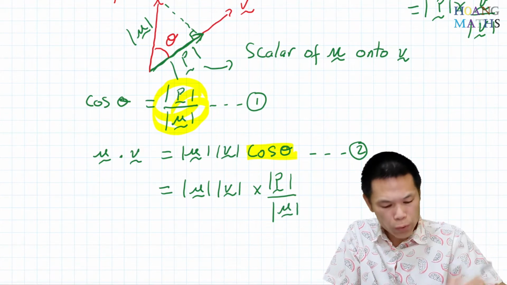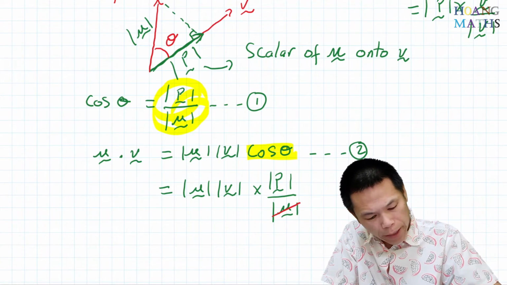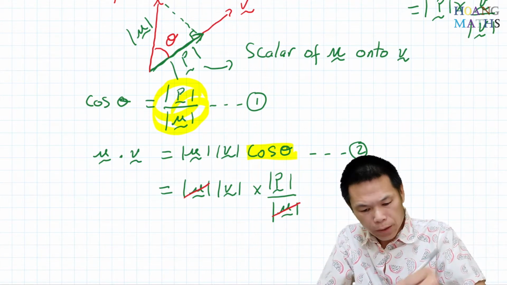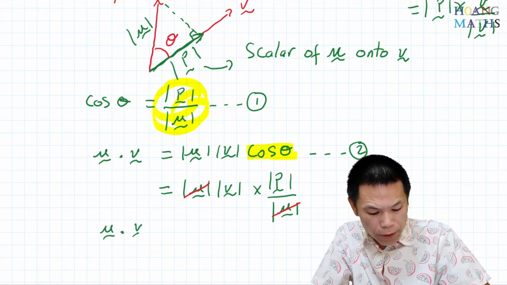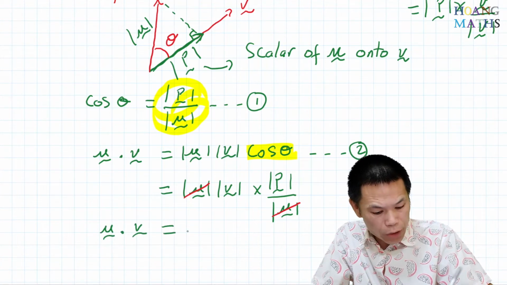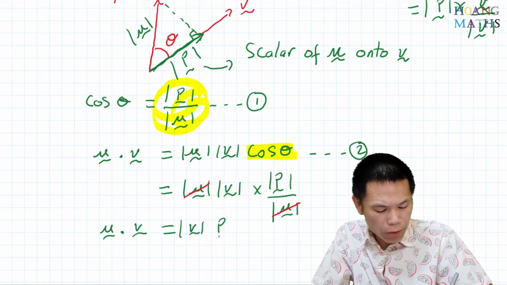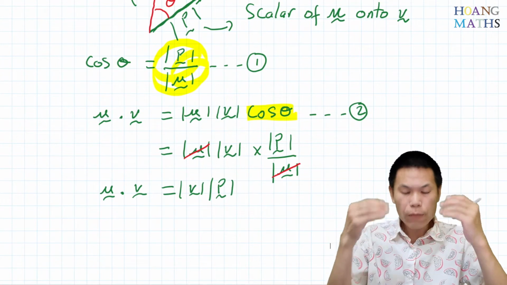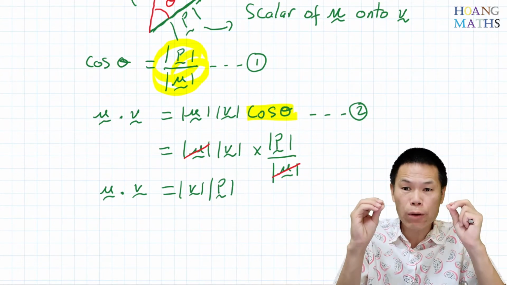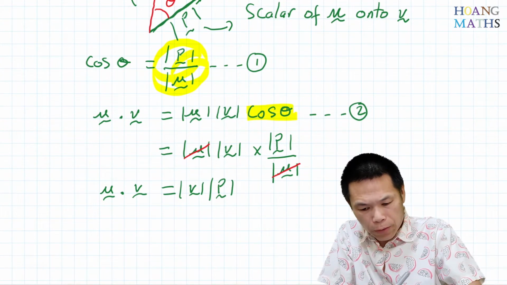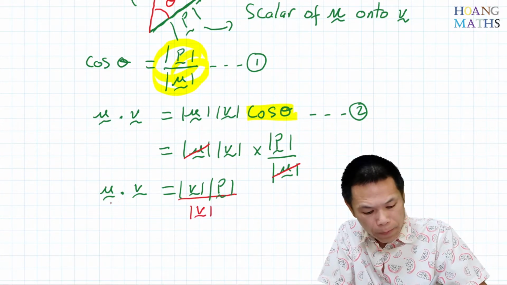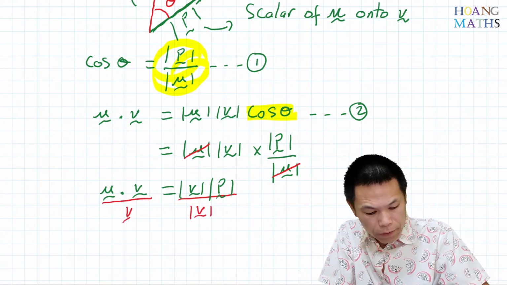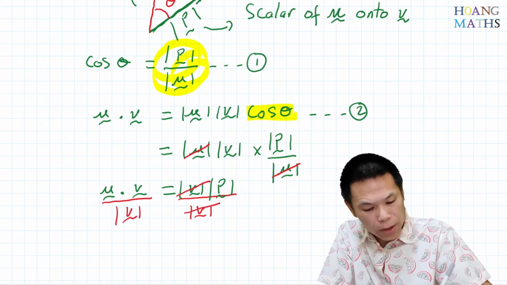And of course, we can simplify this by cancelling this out. Therefore, u dot v will give me magnitude of v times the magnitude of p. If I divide both sides by magnitude of v, to get rid of this, this cancels out.